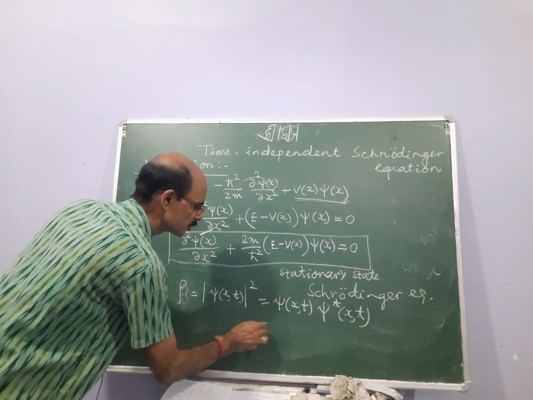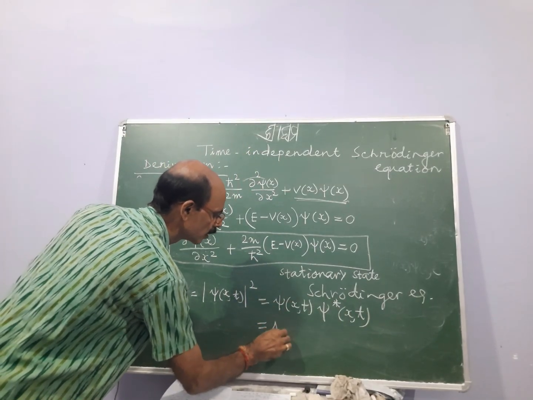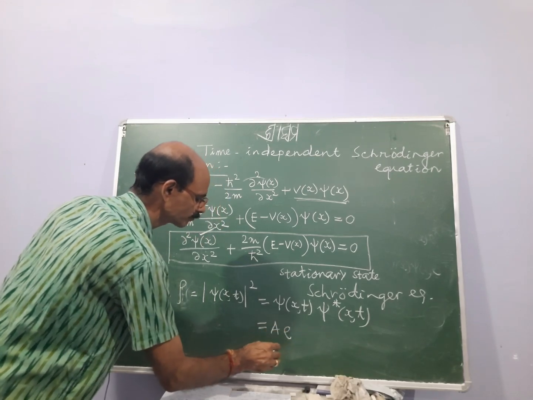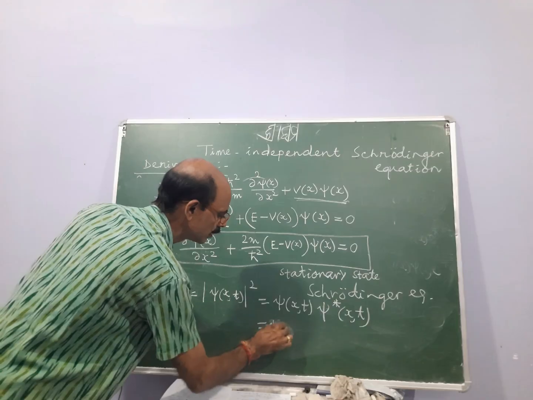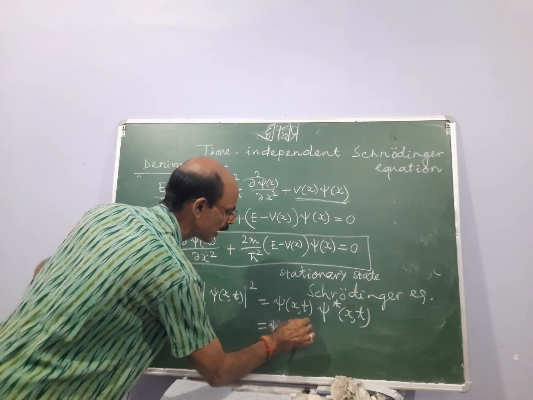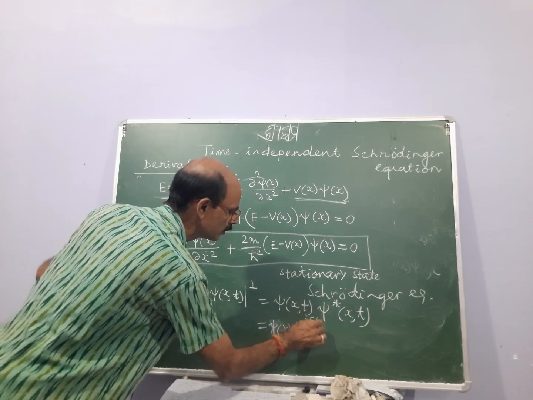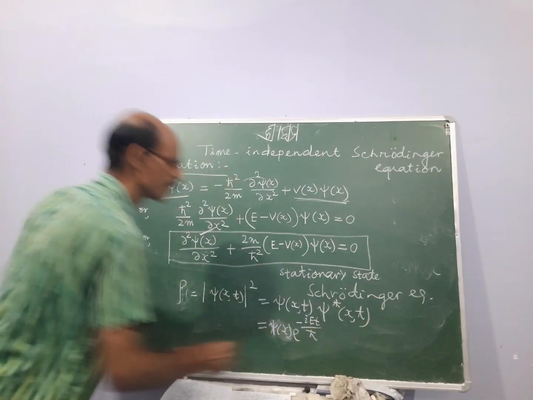But psi x t is what? psi x exponential minus i E t by h cut.